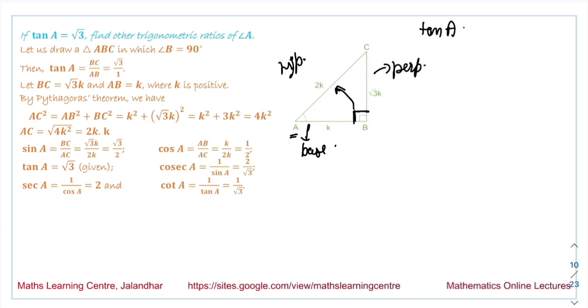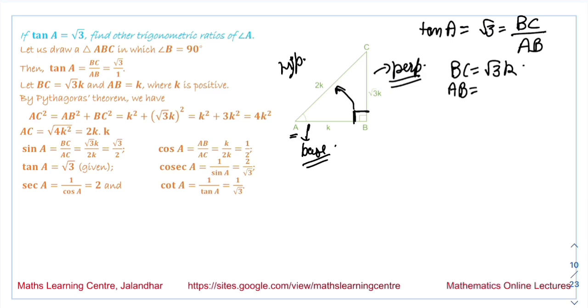So tan A is equal to root 3 means BC over AB, which is perpendicular over base. So we get BC is equal to root 3K for some K, and AB is equal to 1K, because root 3 can be written as root 3 over 1. So this value comes out to be 1K and this value comes out to be root 3K.